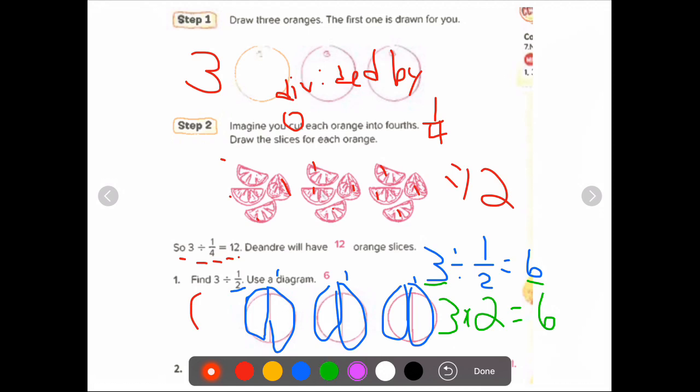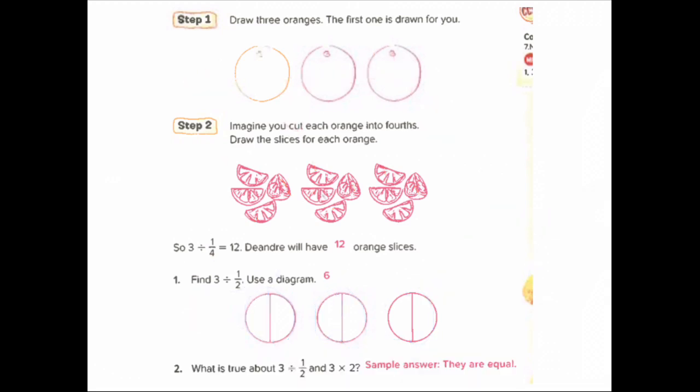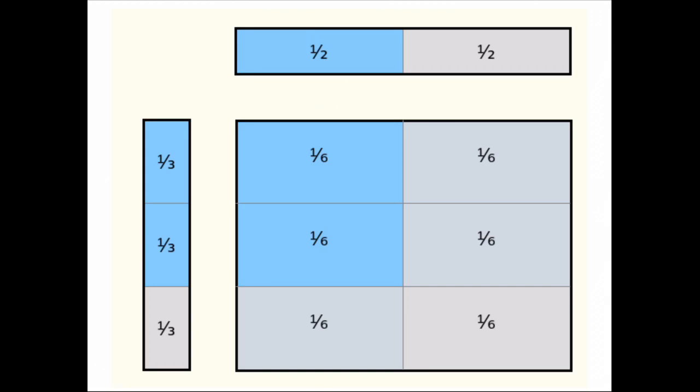And these two numbers, 1/2 and 2, are what's called inverse. So if we flip them upside down, 1/2 and 2 are inverses.